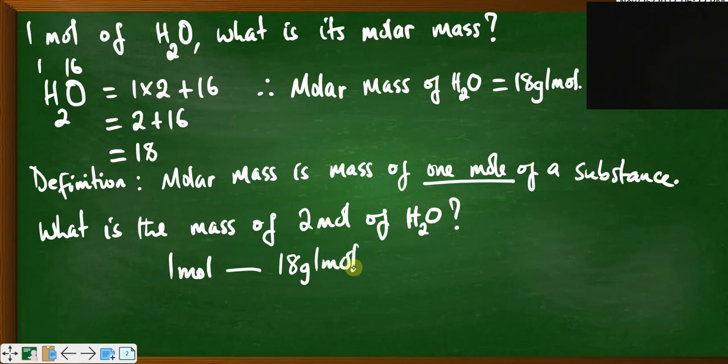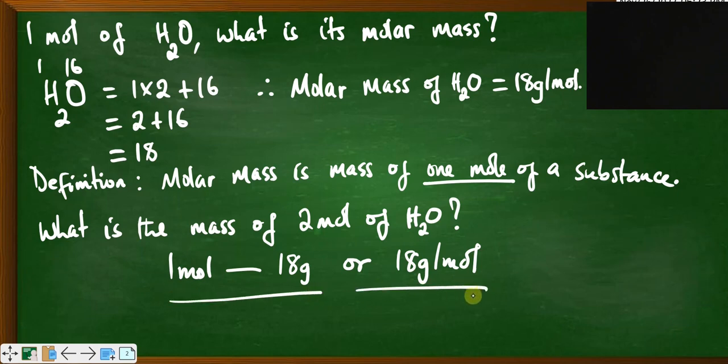In short, this is wrong, and this is now correct: 1 mole is equal to 18 grams, or it can also be written as 18 grams per mole. What I've written in this situation and this situation are one and the same. Here it says 1 mole is equal to 18 grams, and here it is 18 grams per mole.